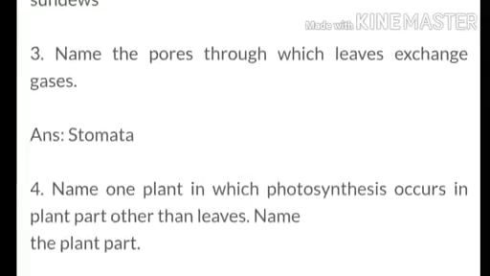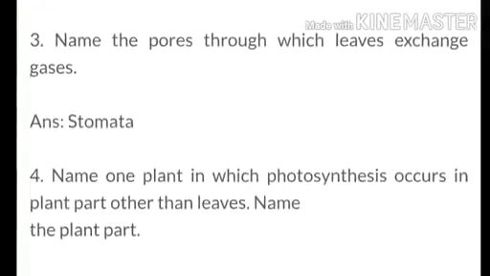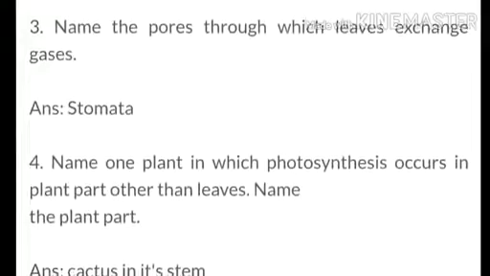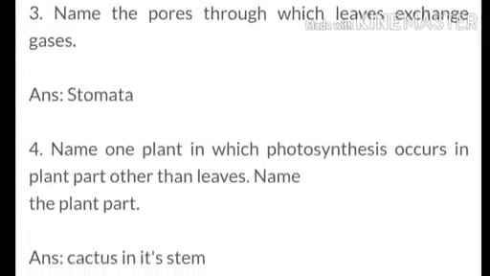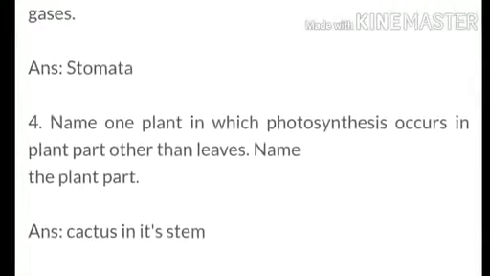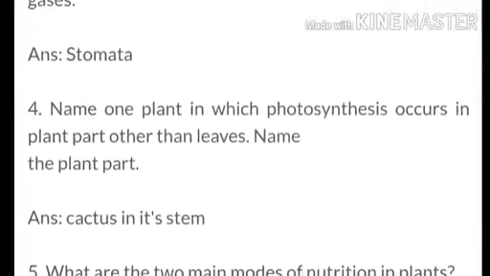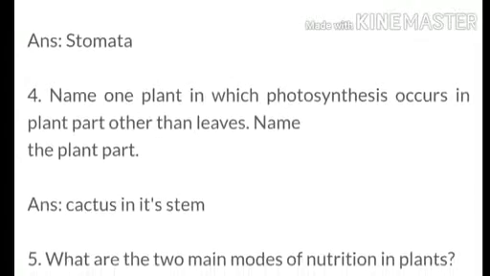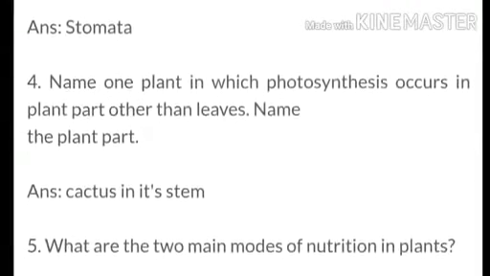Now fourth question, name one plant in which photosynthesis occurs in a plant part other than leaves. Name the plant part. So cactus, in its stem. We know cactus doesn't have leaves, so its stem is responsible for photosynthesis.